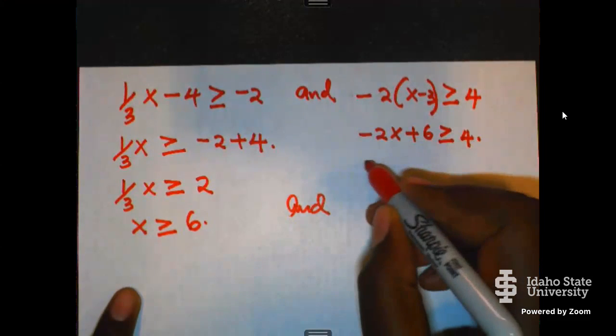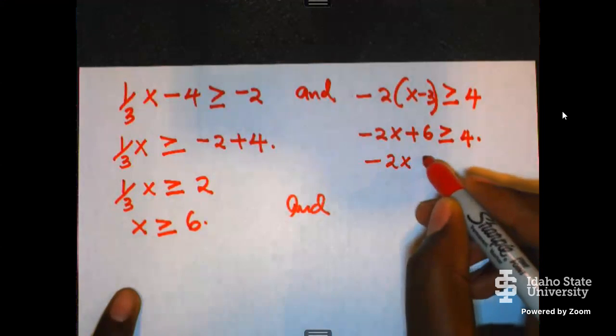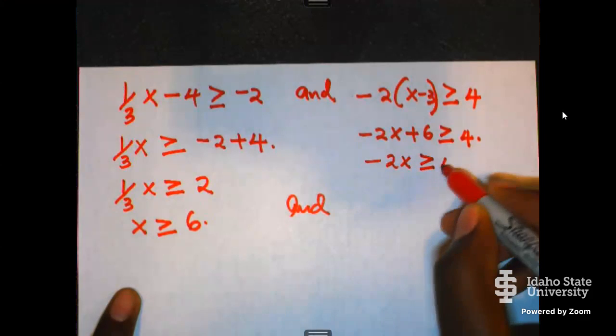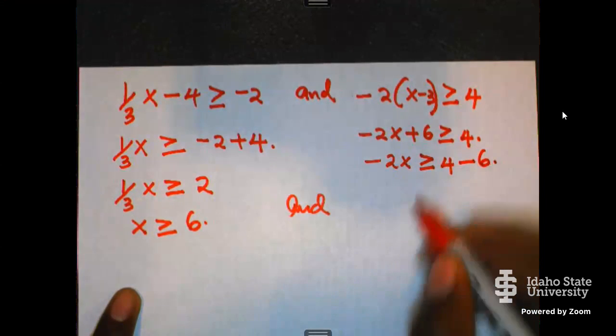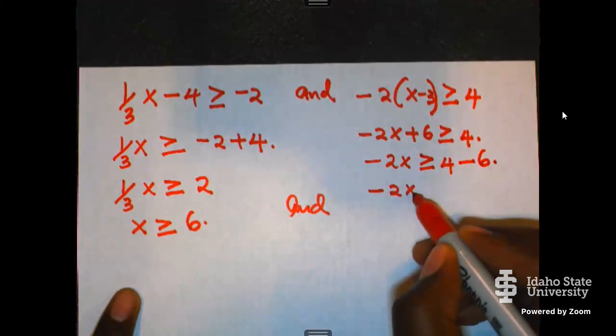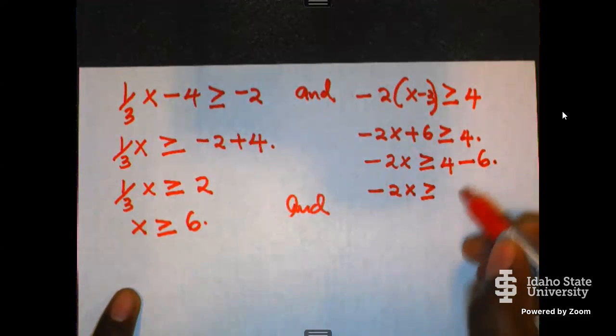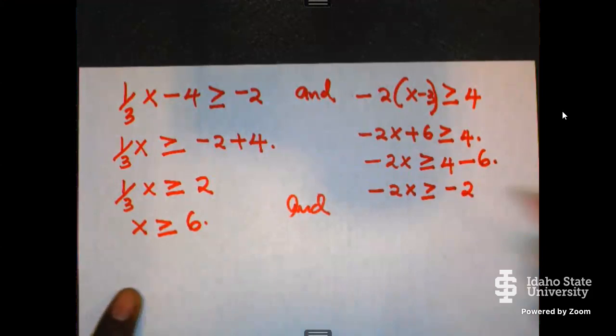So we simplify minus 2x greater or equals to 4 minus what? Minus 6. So minus 2x greater or equals to what? Minus 2.